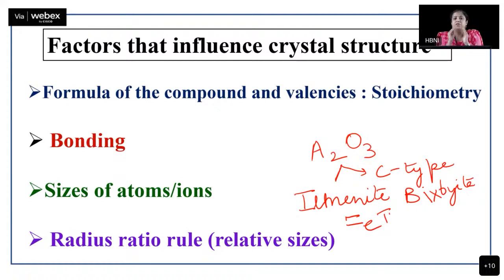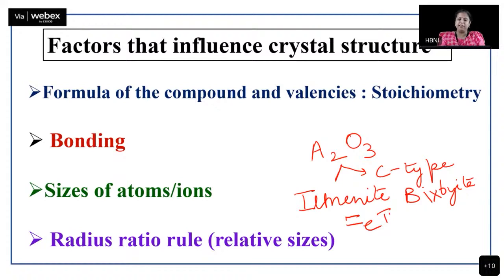So size of atoms and ions is also important. And their relative sizes are also very important. When I say relative size of cation and anion, many of us have read this in terms of the radius ratio rule, and we will discuss it a little more in the next few slides.